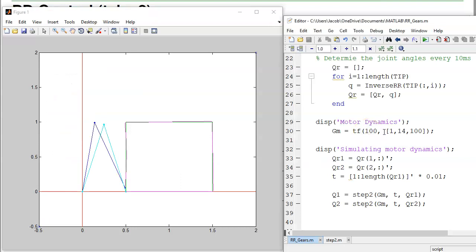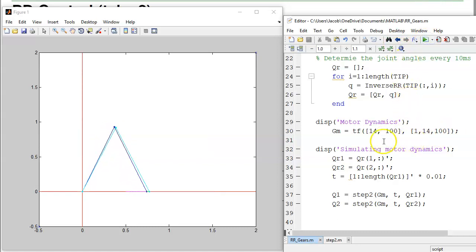In terms of the transfer function, what it looks like is I have a 14s plus 100 over s squared plus 14s plus 100. These two terms cancel. All I'm left with is an extra s squared in the denominator. That feed forward term, that 14s, causes much better tracking.